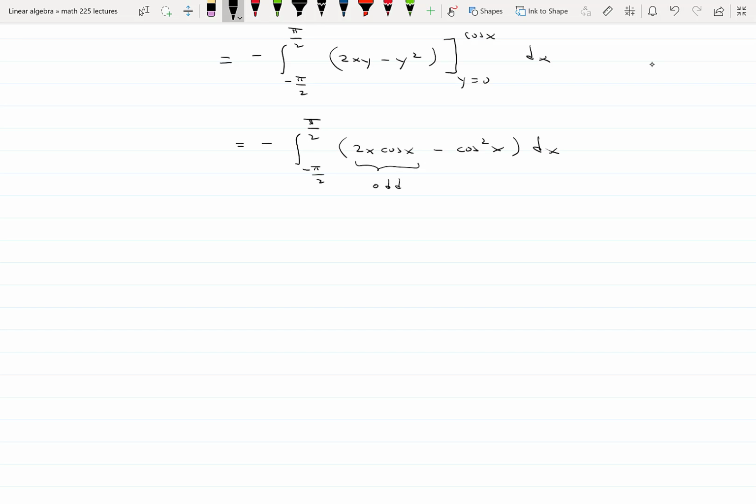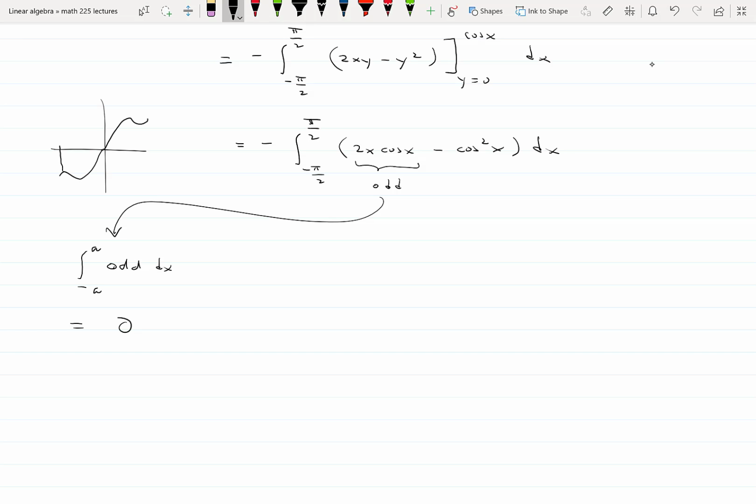And the integral of an odd function from negative a to positive a, regardless of what a is, dx is 0. I'm trying to draw a real quick odd function.